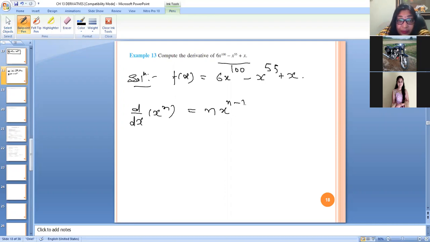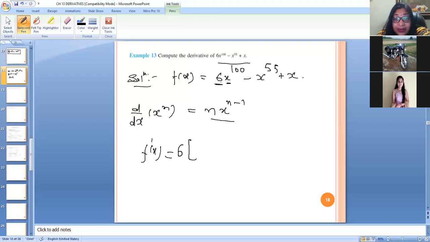Whenever we have a constant multiplied with the variable, like 6 multiplied with x, we will take 6 as it is and only apply the derivative on the x term.